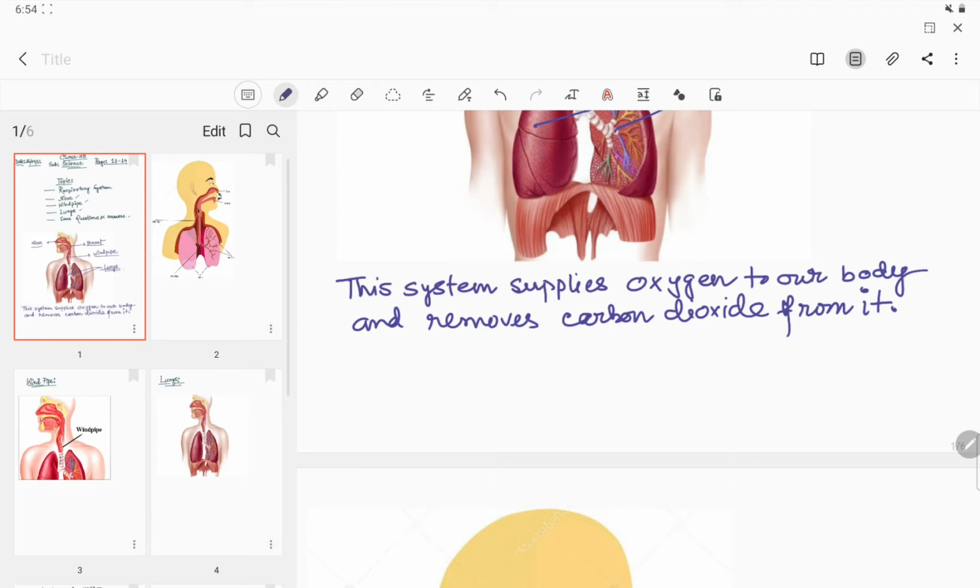Okay, this is our main role. This is the main role of the respiratory system. This system supplies oxygen to our body and removes carbon dioxide from it.